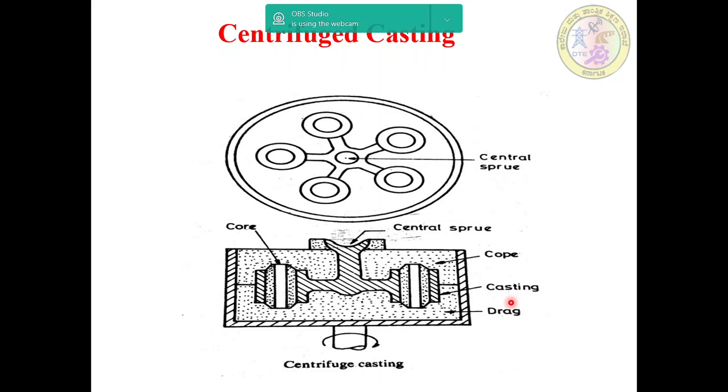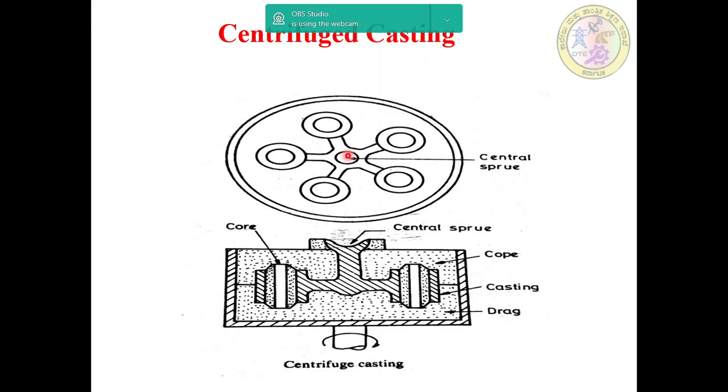Here, a number of castings whose axis is away from the axis of rotation can be made each time, and any casting shape that can be created in the sand mold can be formed in this process, and a number of mold impressions are grouped around a central sprue. This is the central sprue, and it is subjected to centrifugal force due to rotation.